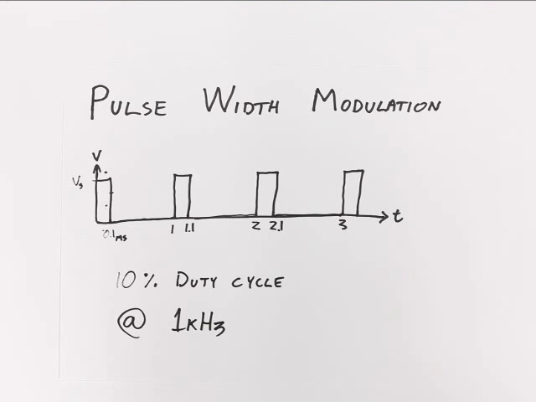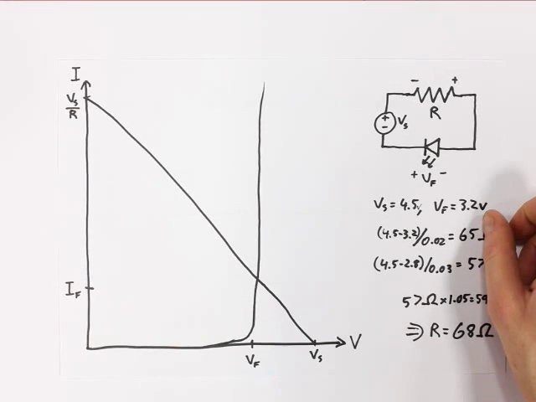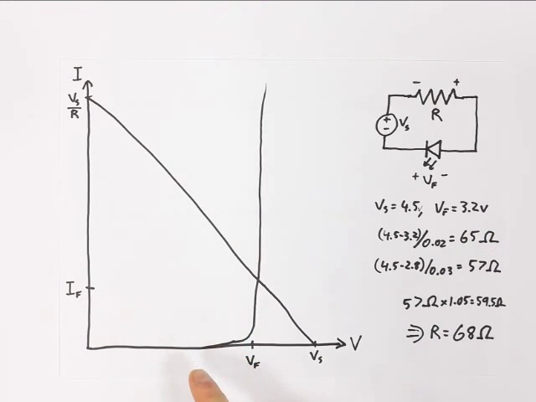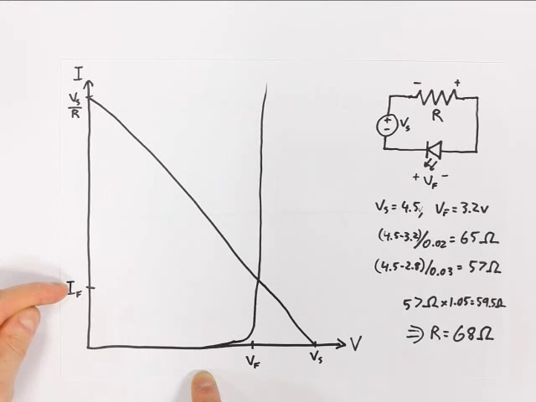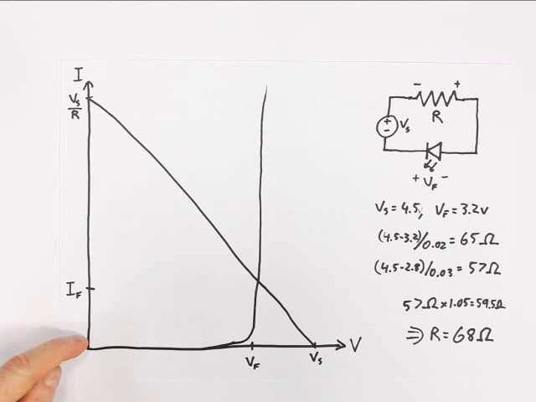Now, I mentioned before that PWM is ideal for devices that only like to be operated at full power. So, let's consider our LED. If we go back to our VI characteristic graph, imagine we are trying to reduce the intensity of our LED just by reducing forward current. So let's say we're aiming for 10% power. We would need to reduce that current down to 10% of its normal value.